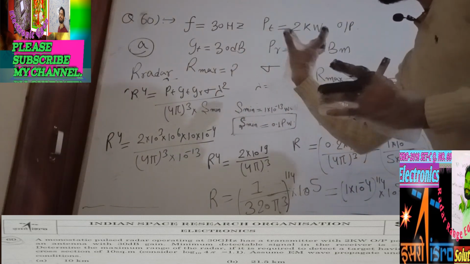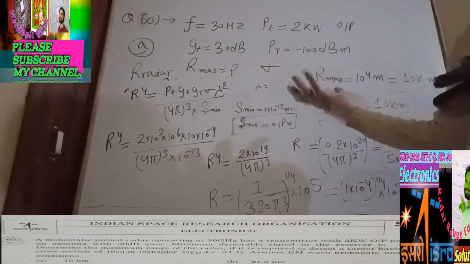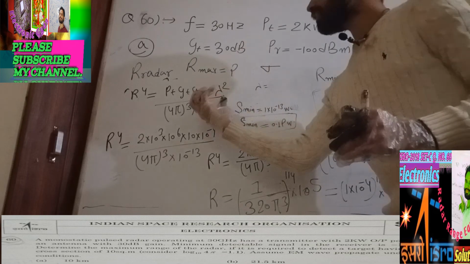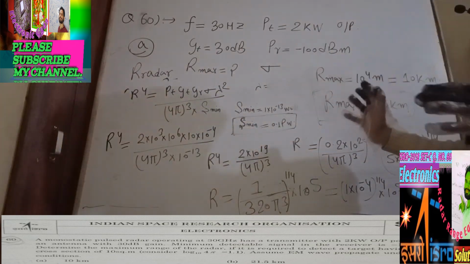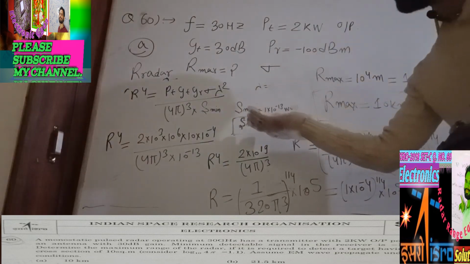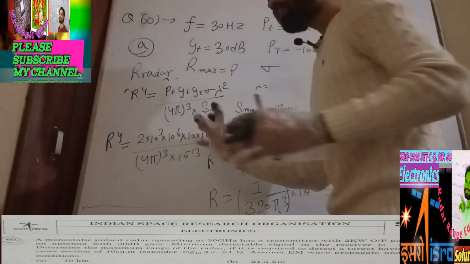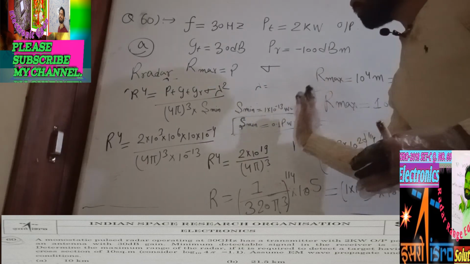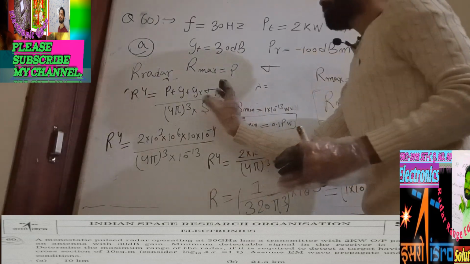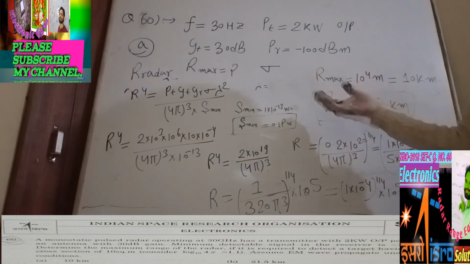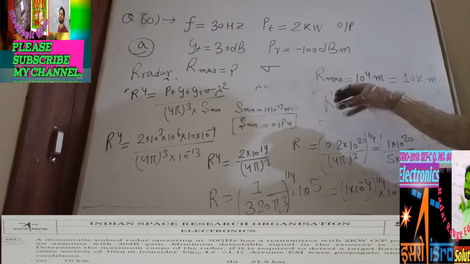First we assumed an isotropic antenna for the transmitter, which radiates uniformly in all directions per unit area. We took that for understanding purposes, because we want to find the power density per unit area.